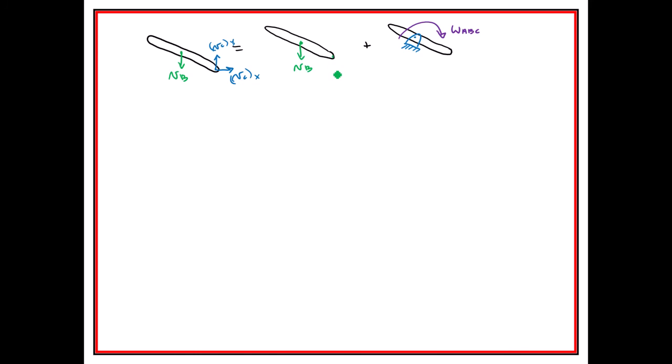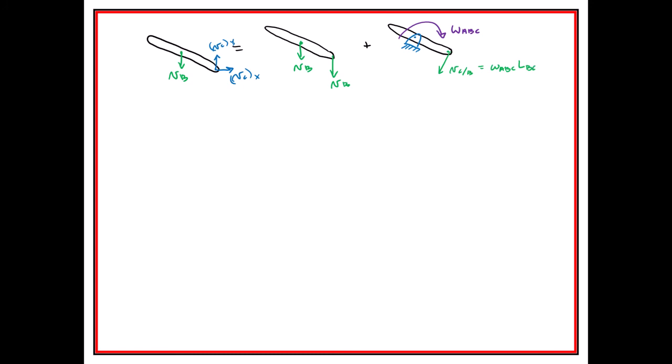So we're using the velocity of B right here, and for this one right here, we already know what direction it's going. So this is going to be the velocity of C with respect to B, which we happen to know is omega ABC times L. I believe this is BC.